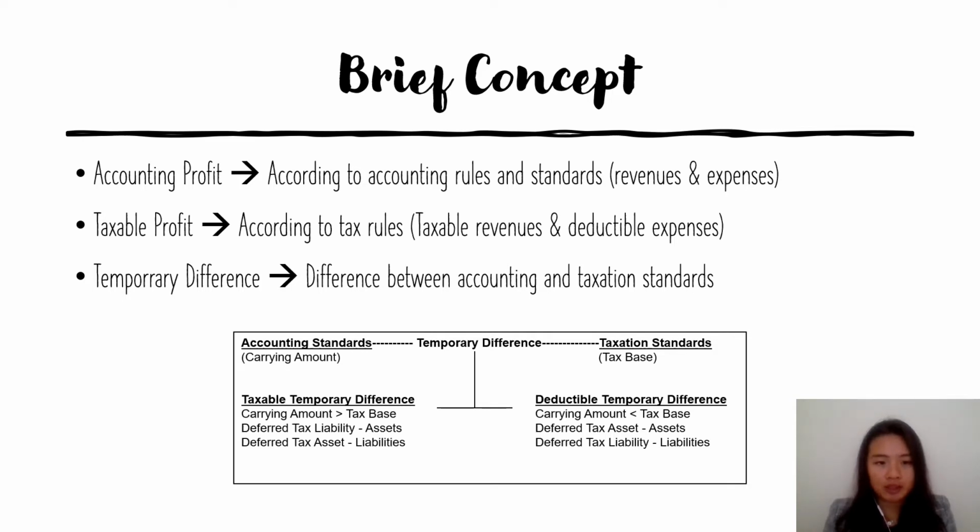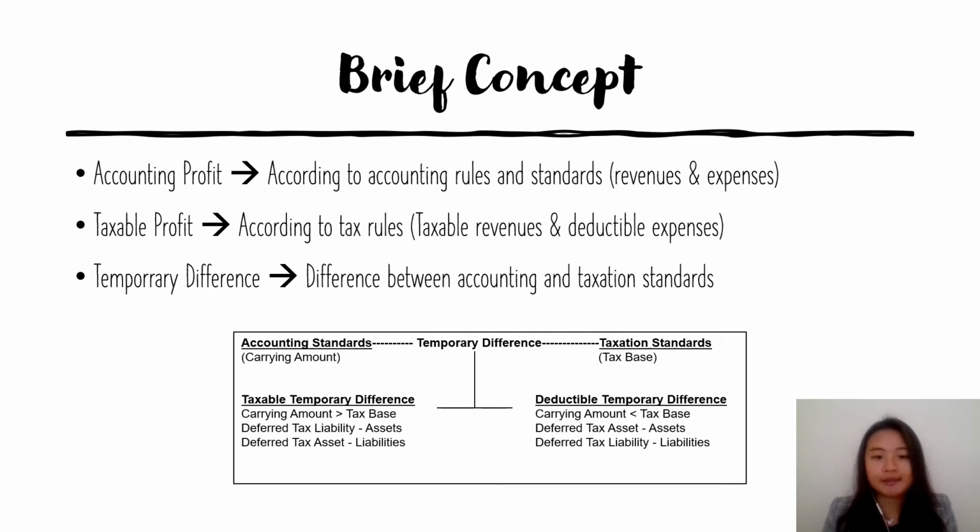To make it clearer, in explaining temporary difference we use two common terms: carrying amount, to explain the amount calculated from accounting standards, and tax base, which is basically the number calculated from taxation standards.